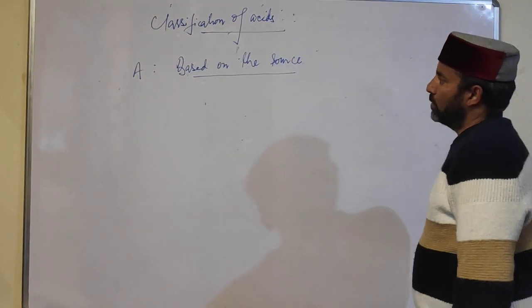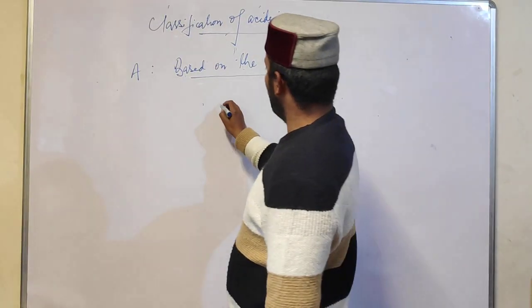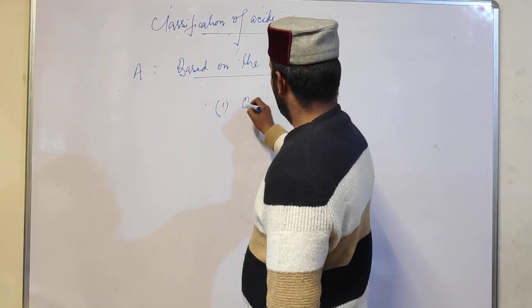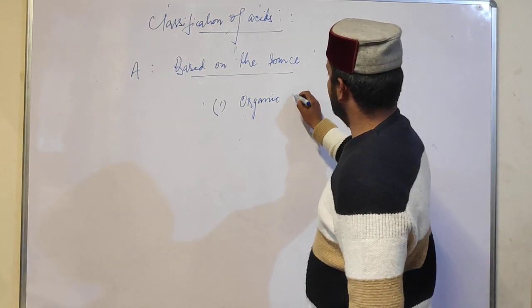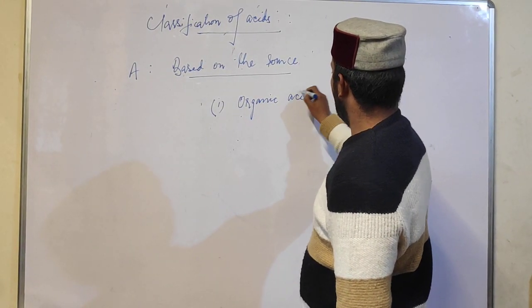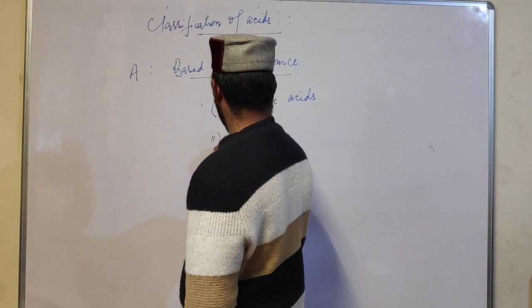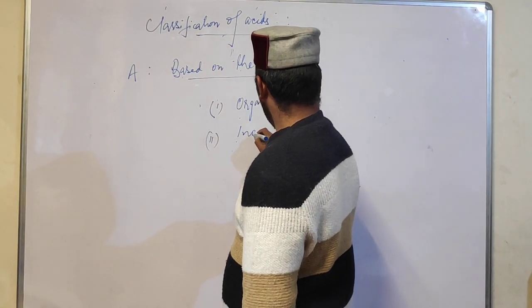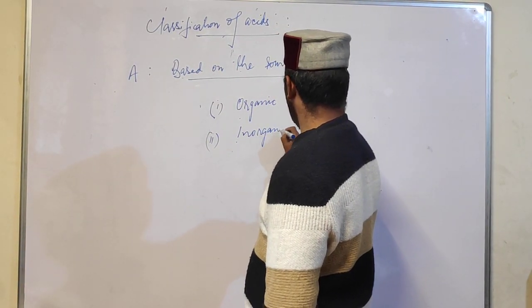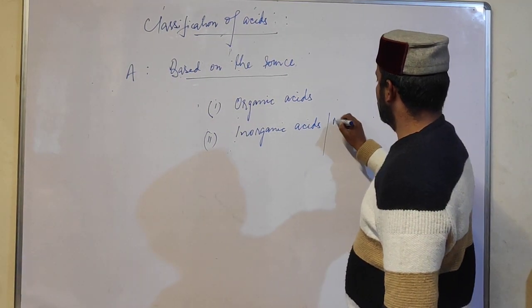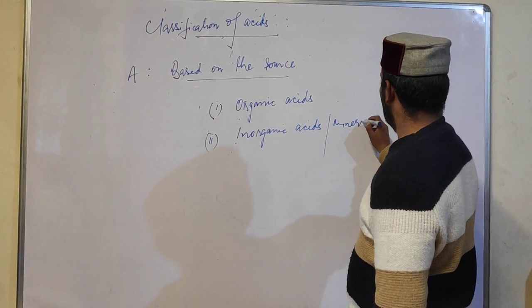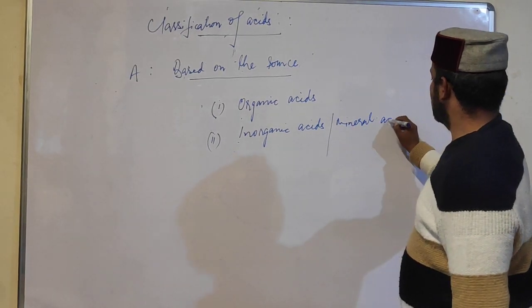So based on the source, acids are of two types. First type, organic acids, and the second type, they are called inorganic acids, or they are also called mineral acids.